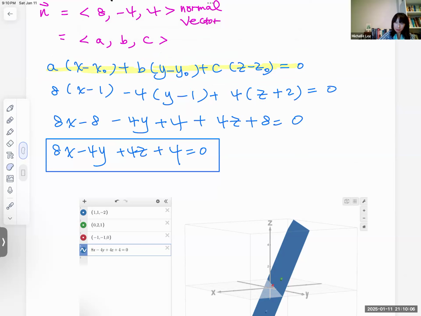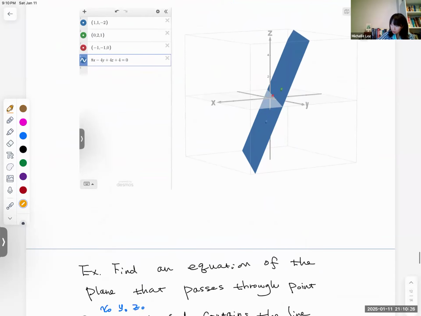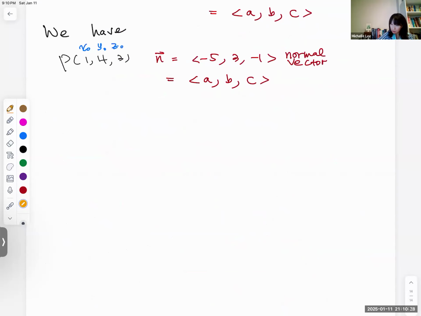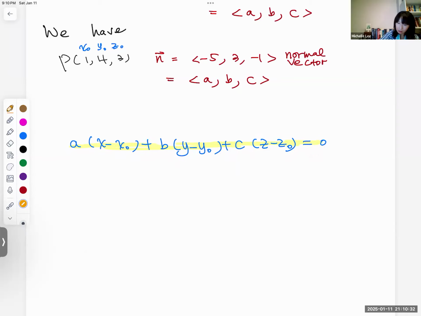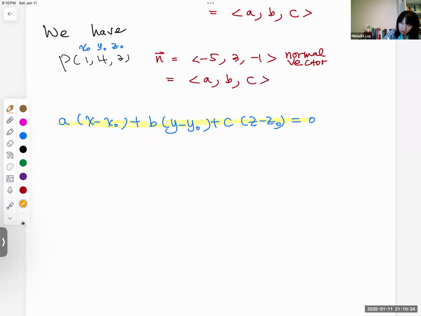Copy. Oh, let me write down. Yeah. So the standard equation, the general equation, right? Okay. So let's do it. All right.